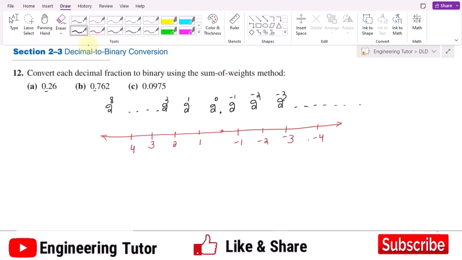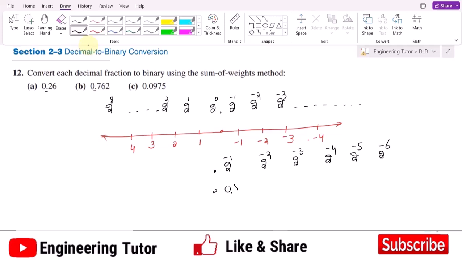So here we have to start from the binary point, then 2 raised to power -1, 2 raised to power -2, 2 raised to power -3, 2 raised to power -4, 2 raised to power -5, 2 raised to power -6. These are the powers of 2, so let me calculate them. 2 raised to power -1 is 0.5.